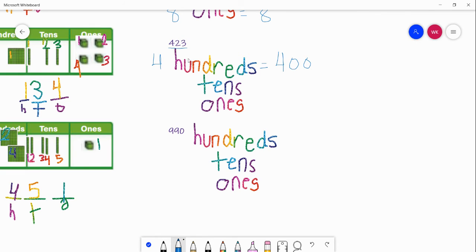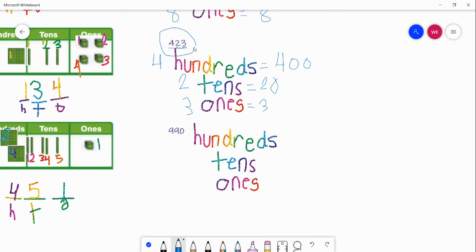Now it says 423. So the 2 is our tens. We have 2 tens, and 2 tens equals 20. And last but not least, we have 3 ones left over. If you have 3 ones blocks, you only have 3.